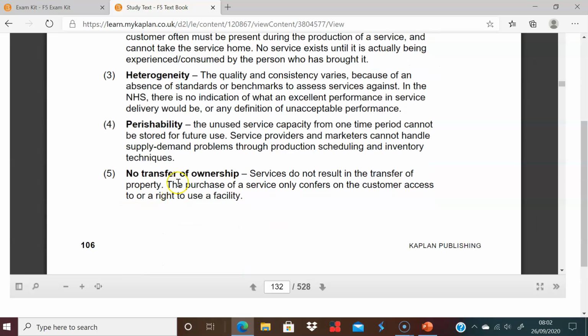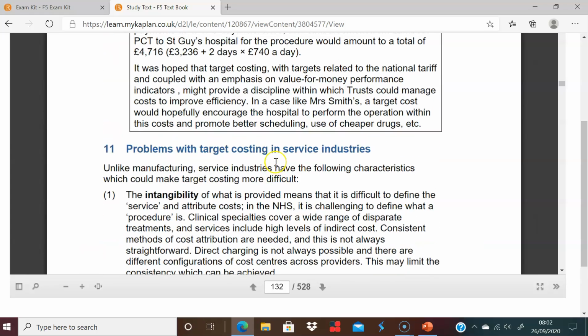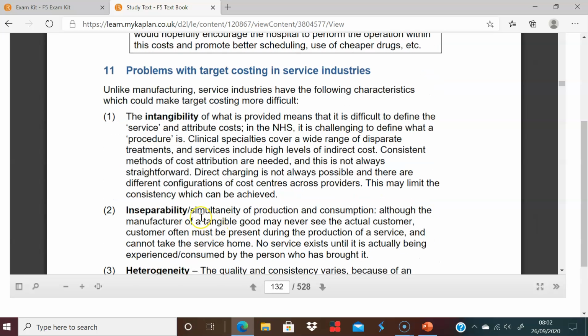You can't transfer ownership because this is just a service on the user. These are the typical characteristics of service industries that make target costing difficult. It doesn't mean you can't apply target costing in the service industry. It just means these are some of the challenges you have. So that's the answer we're looking for there. Things being simultaneous.